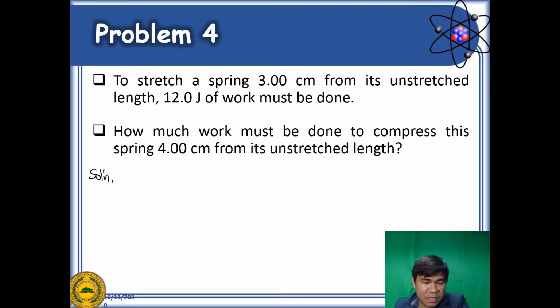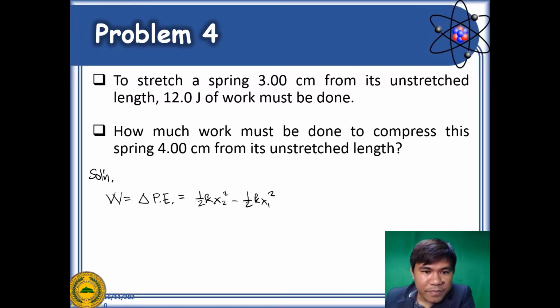on the spring is actually given by the change in elastic potential energy, that is equal to 1/2 k x2 squared minus 1/2 k x1 squared.